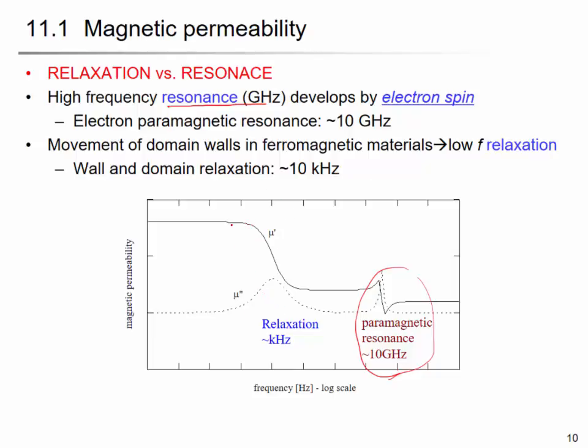So when you have a relaxation, you have a decrease in the magnetic permeability, in the real value, and in the resonance, you have this kind of behavior, and you have a sharp peak in the loss term. So I think this kind of graph is familiar to you.